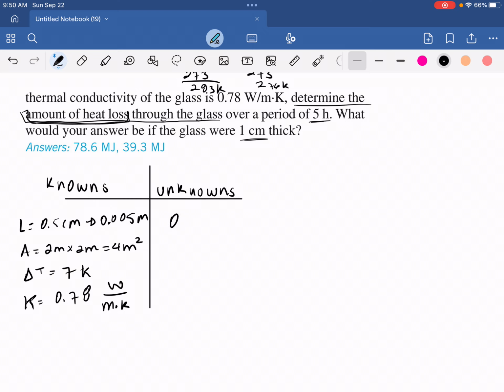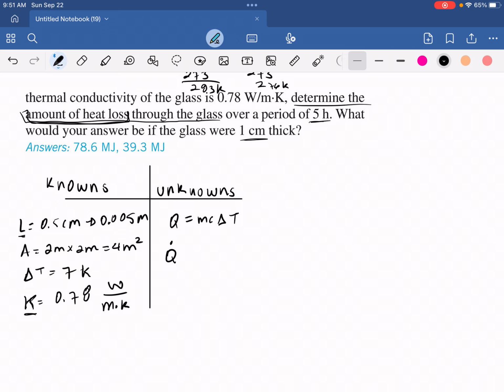We know that we have this formula, Q equals what? MC delta T. But would this help? No. We do know that we are going to be using a formula in which we're given thermal conductivity and where we also have the thickness, which is this one.